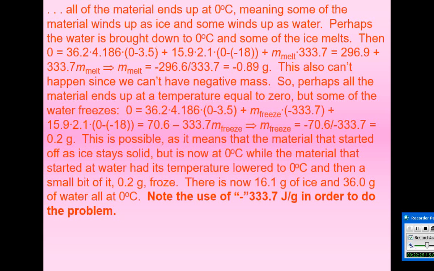Since 0.2 grams of the liquid water freezes, we lose 0.2 grams of liquid, we gain 0.2 grams of ice. We now have 16.1 grams of ice and 36 grams of water, all at 0 degrees Celsius. So this is a bit painful, but if you understand the rationale and the guesses that are being made, that would put you in good stead.